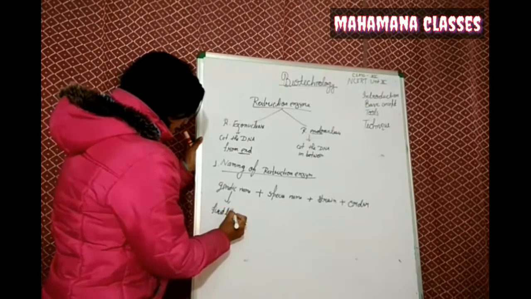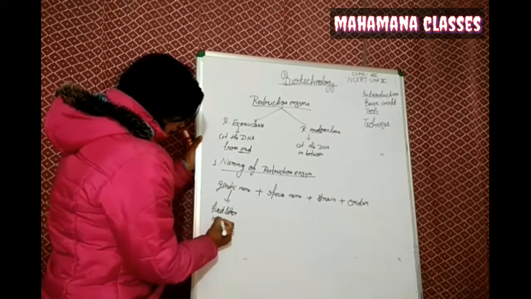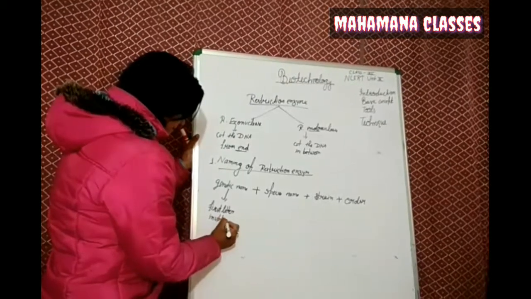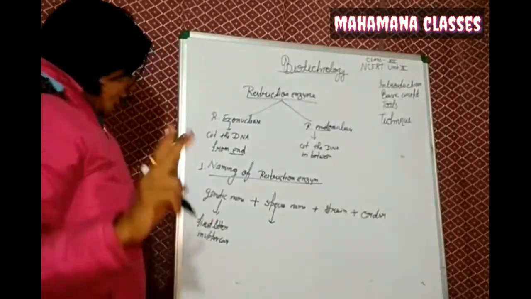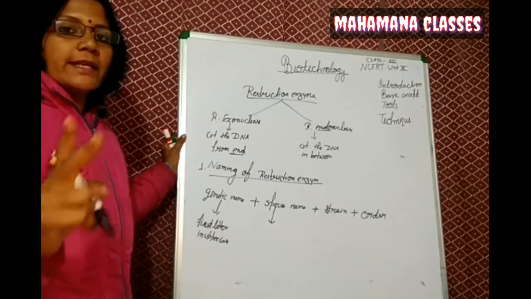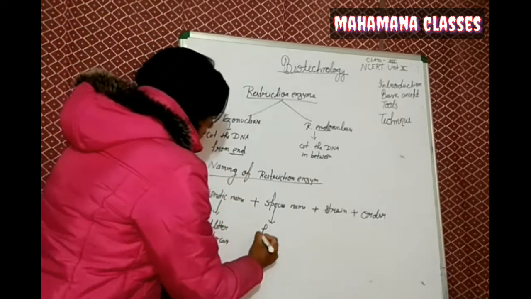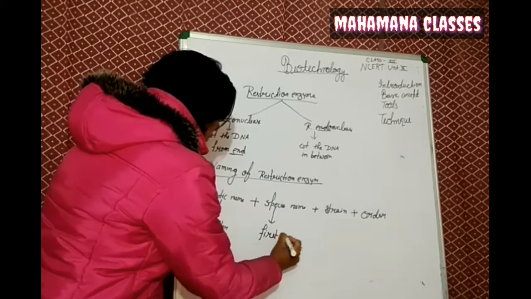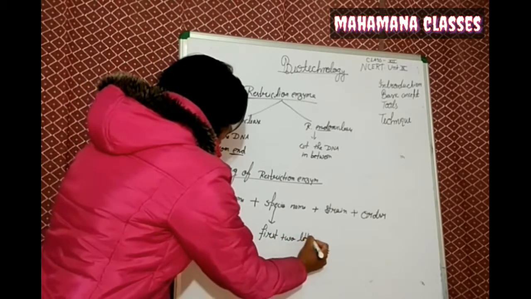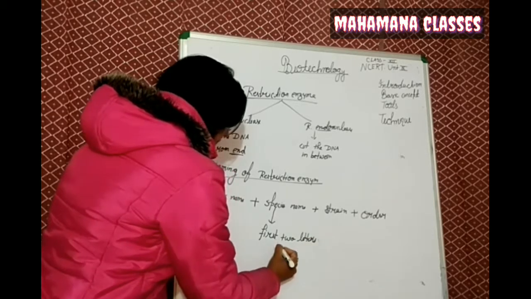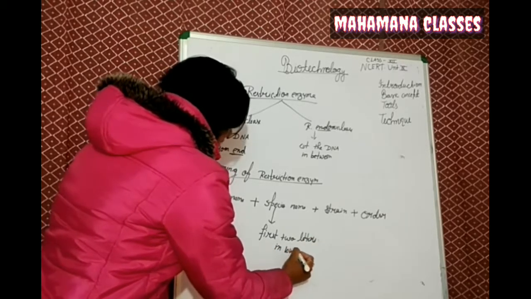The genus name will have its first letter in uppercase. The first two letters of the species name will be in lowercase.